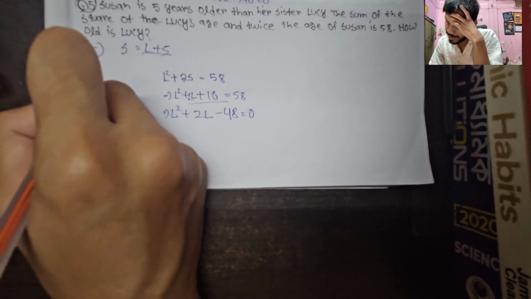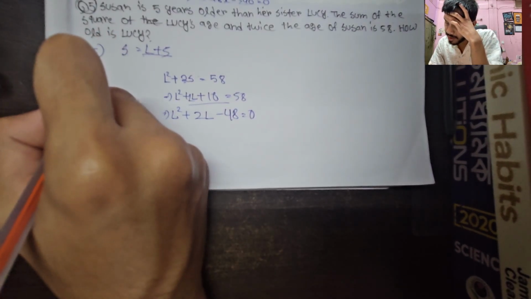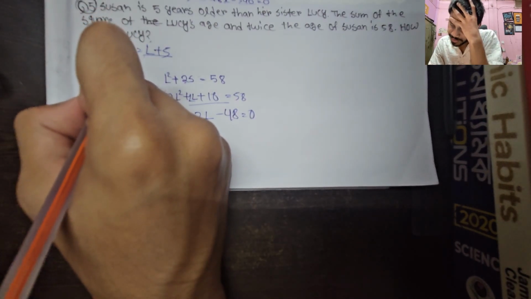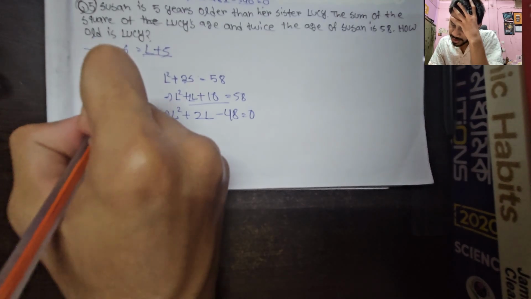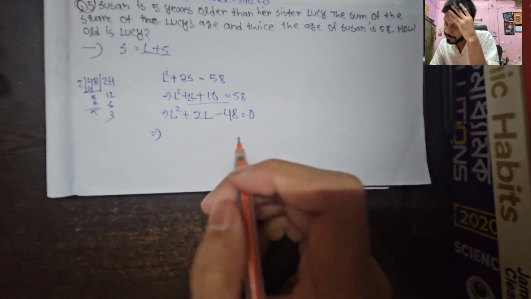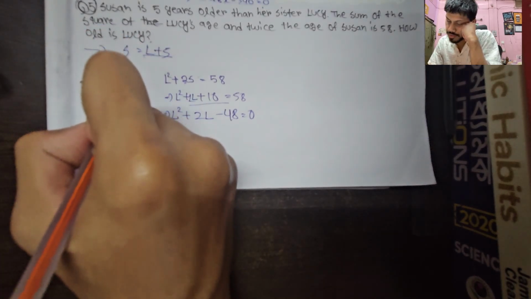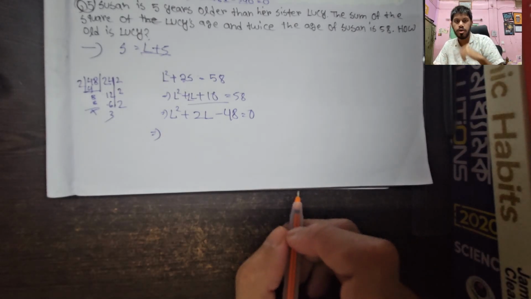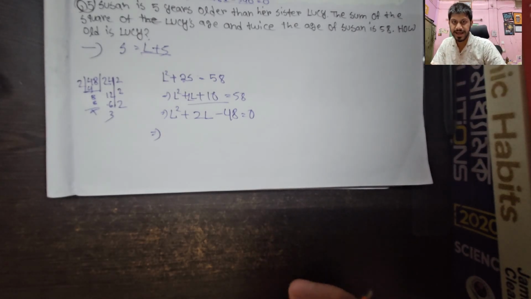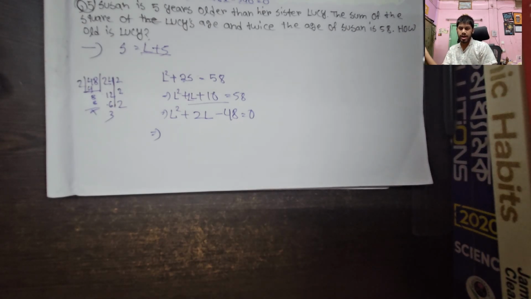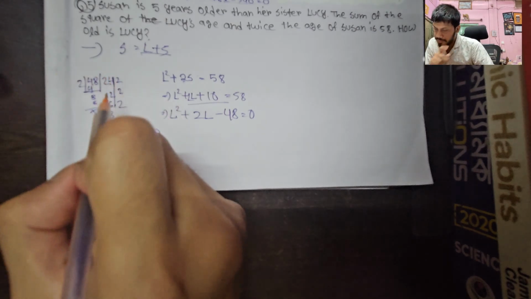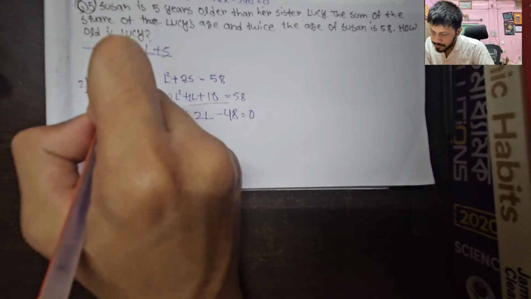Okay, so if we factor 48: 24, 12, then 6, then 3, 2. So we can do something like 2 into 2, 4, 4 into 2, 8.